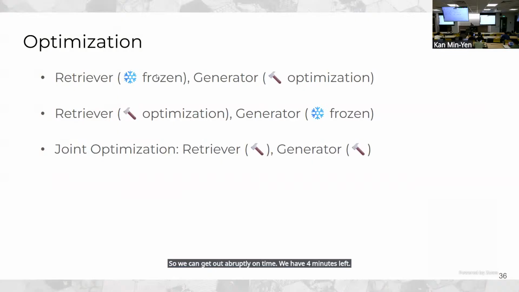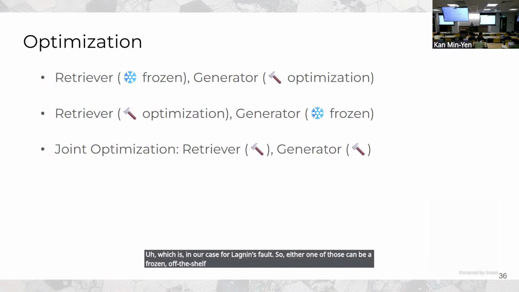Okay, so the general idea is, when we have a model, we have both the retrieval model and the generator model, right? Which in our case is a language model. Either one of those can be a frozen off-the-shelf model, which we're not modifying.